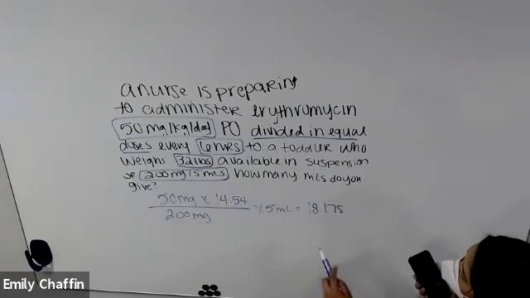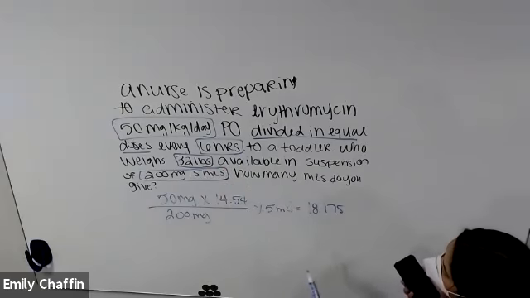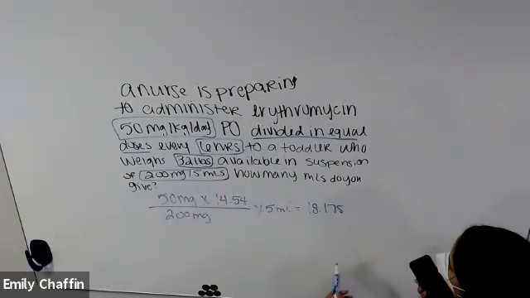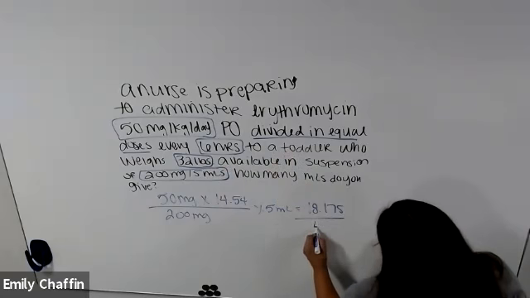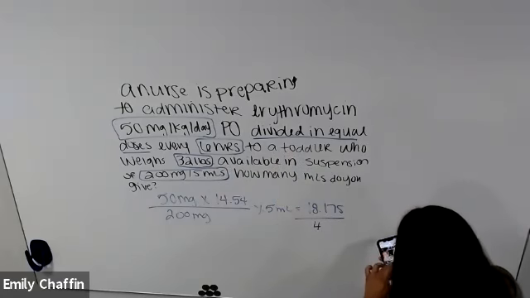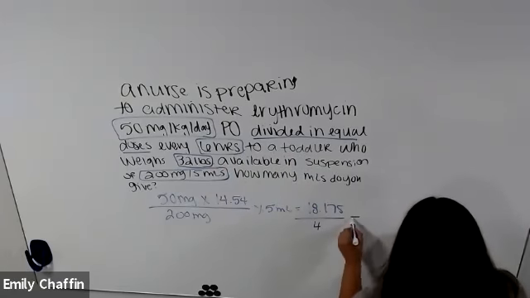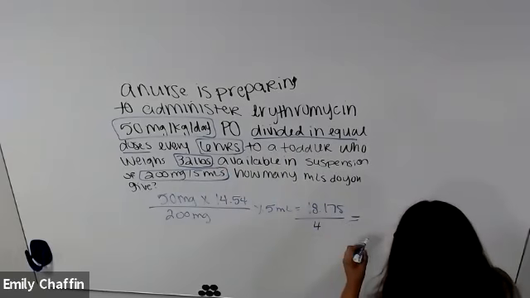So if you divide 24 by 6, you'll be giving it 4 times a day. And since it's divided, you want to divide this by 4. You're going to be giving 4 equal doses. Which I believe I got 4.5.